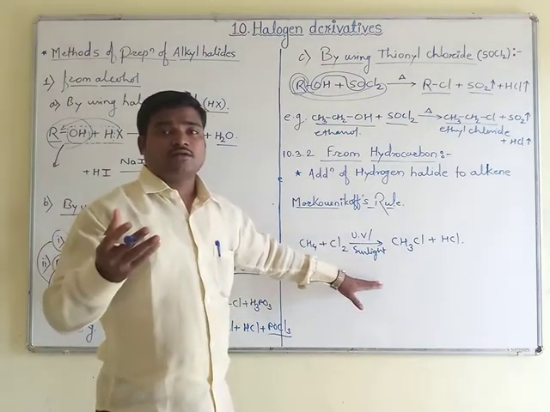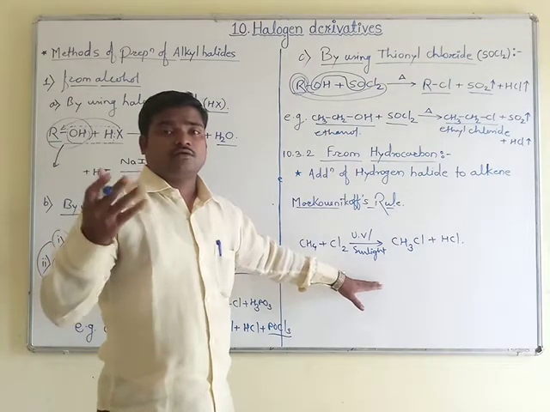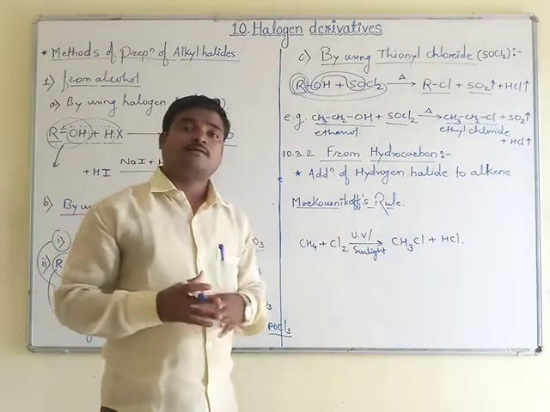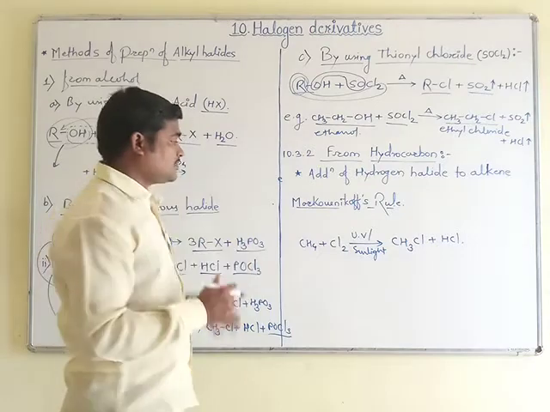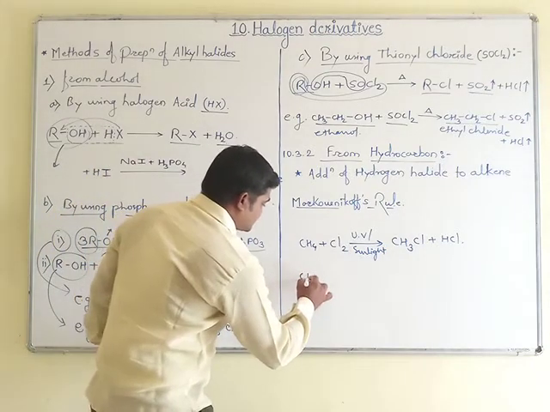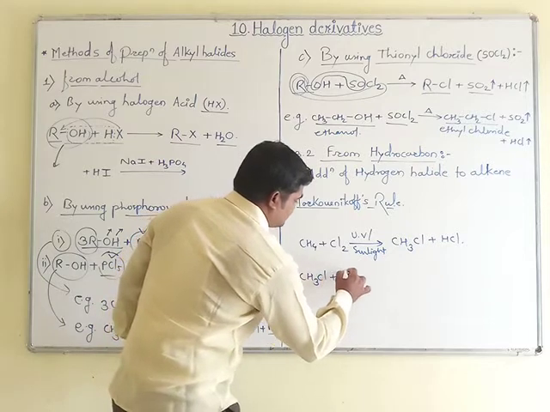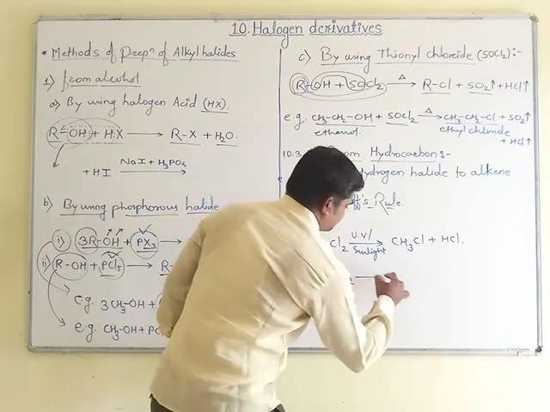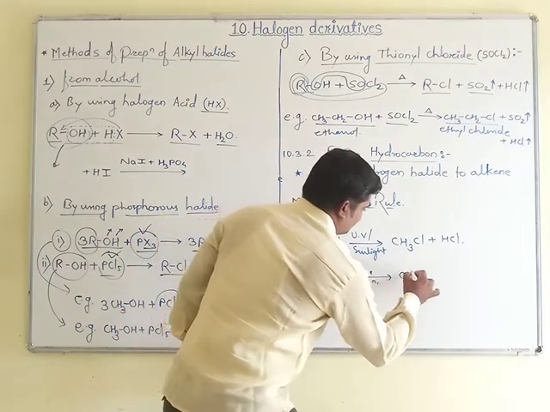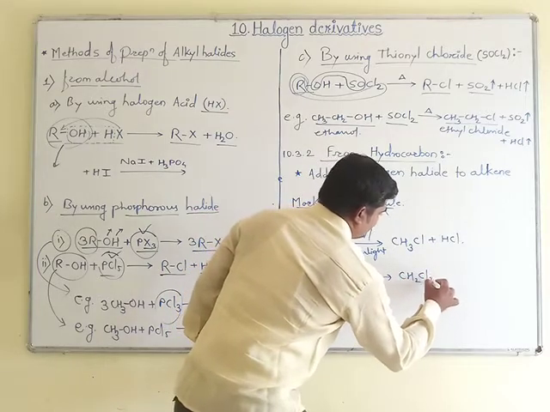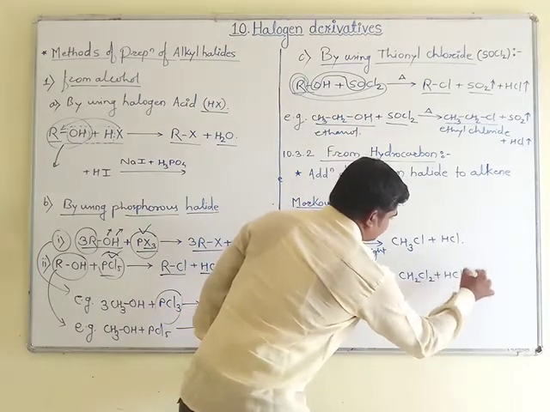This will again continue to give its corresponding alkyl halide. In that case, what will happen? CH3Cl on reaction with Cl2 gas in the presence of the same reagent gives CH2Cl2 plus HCl.